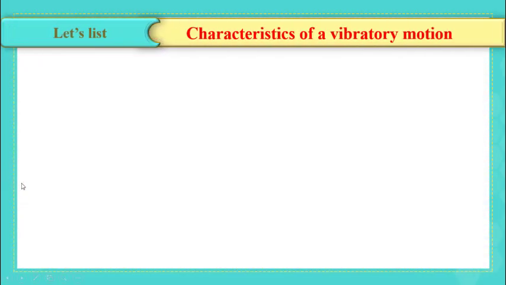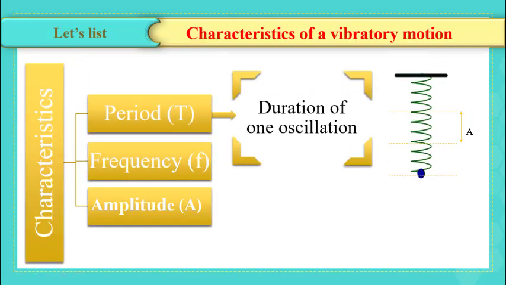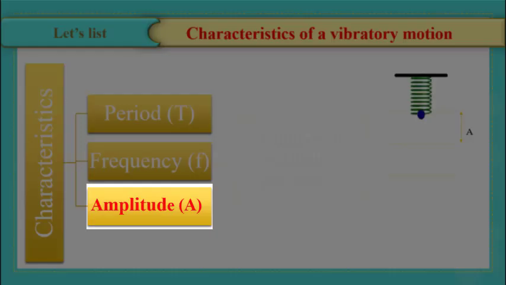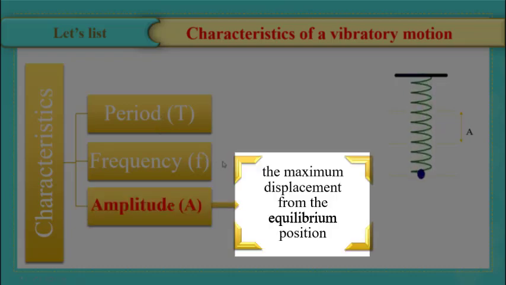Now, let's quickly list the main characteristics of a vibratory motion. A vibratory motion is characterized by its period, which is the duration of one oscillation, its frequency, which is the number of oscillations per second, and its amplitude. The amplitude A is the maximum displacement from the equilibrium position.